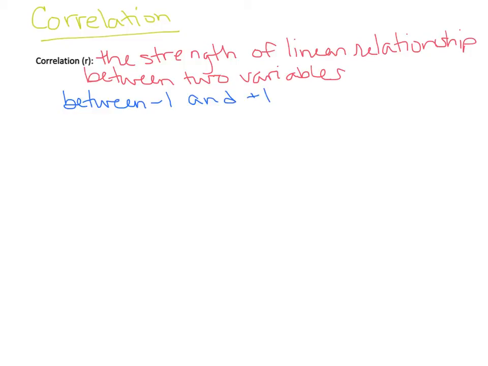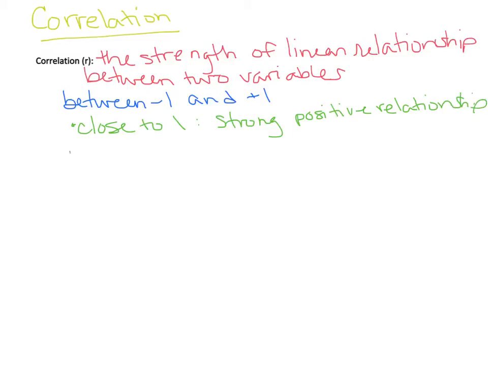So just a few things about it. If you have a correlation close to 1, that means there is a strong positive relationship. And if you have it close to -1, that means you have a strong negative relationship.